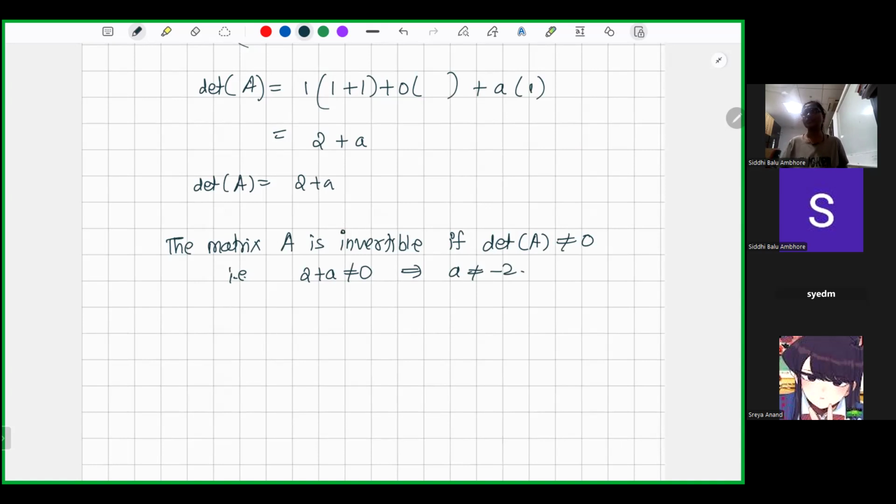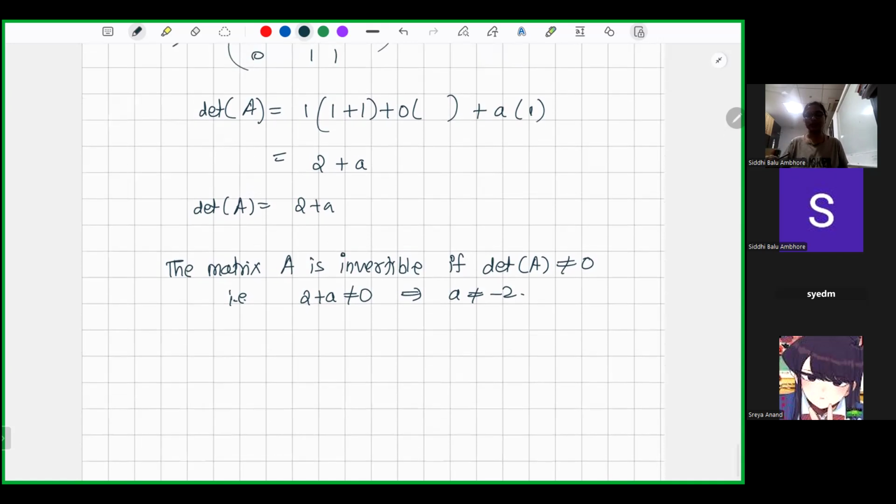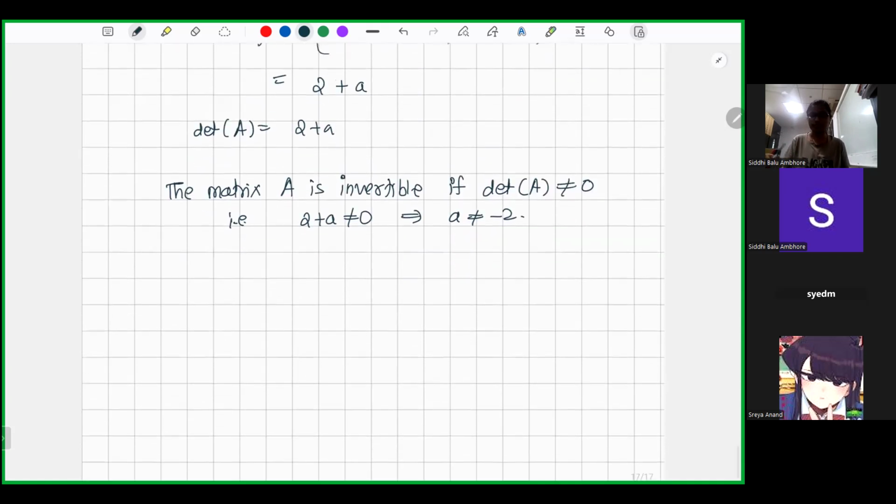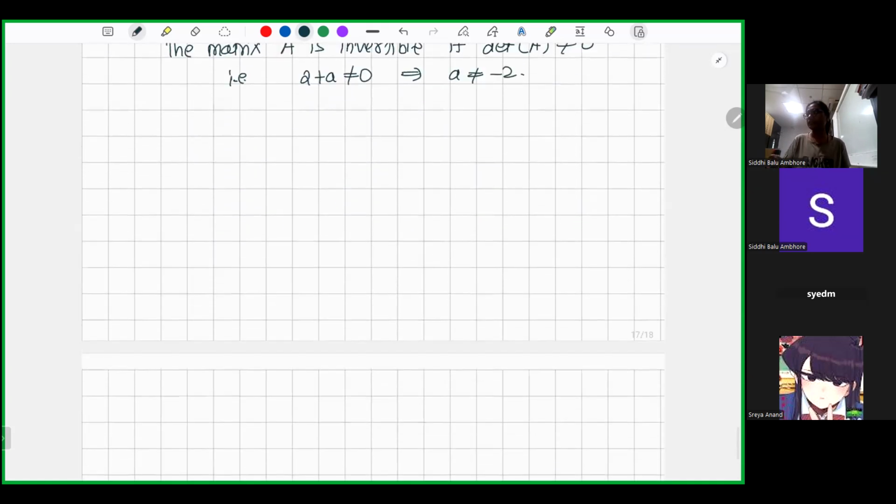There are many such questions. There are two more matrices given in the question. You can just calculate the determinant, equate it to 0, and see what conditions we have on A. There is a possibility that we can have something like a polynomial, for example A square plus 2A plus 3 equal to 0. Suppose the determinant becomes this.